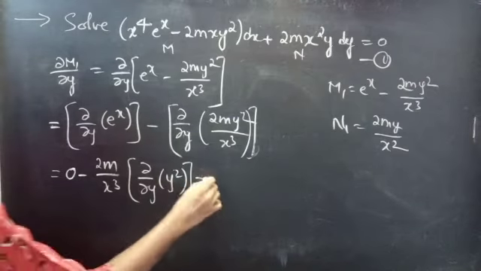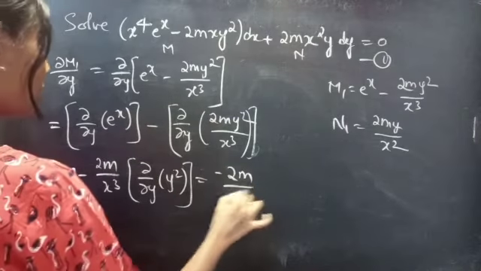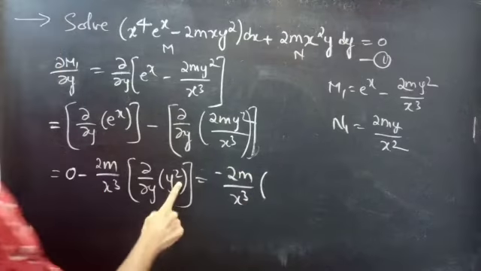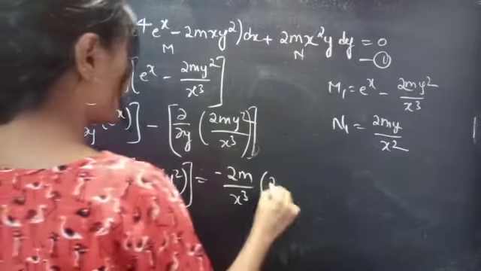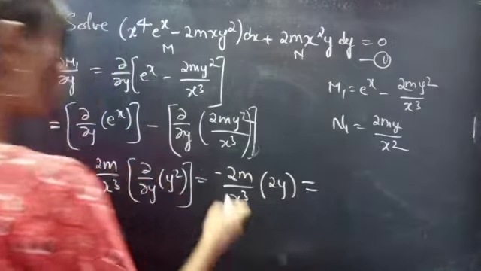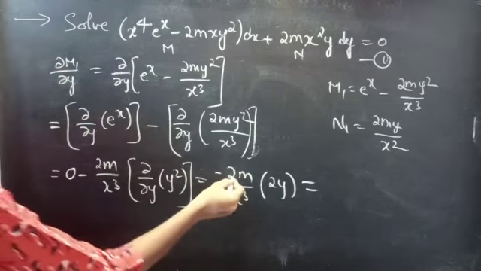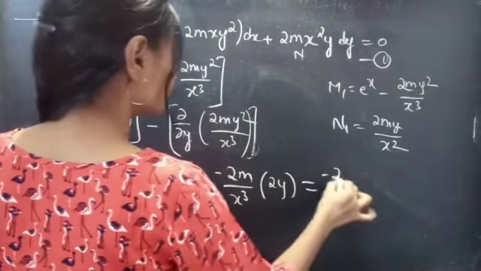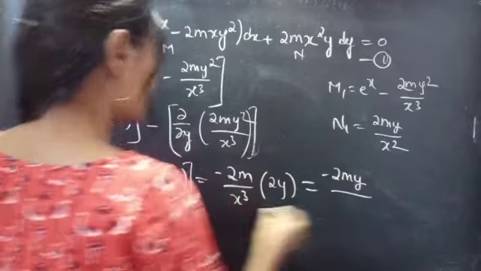This equals minus 2m by x cube into 2y, which is minus 2my by x cube.